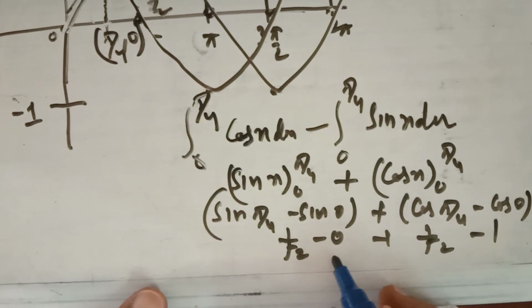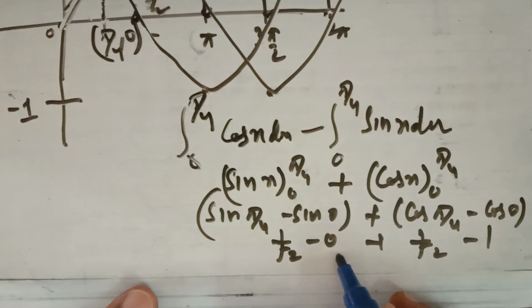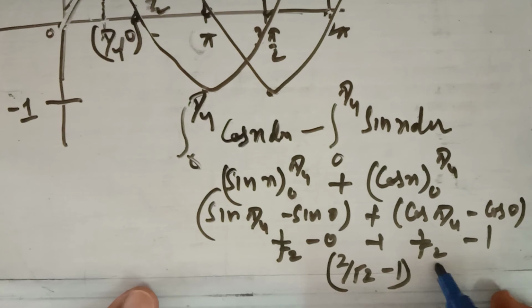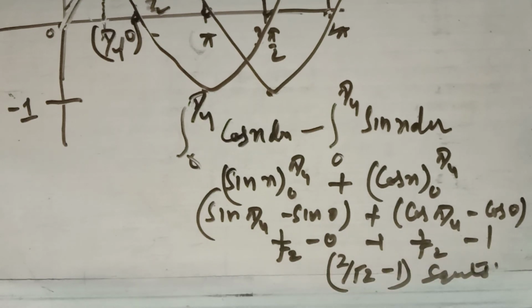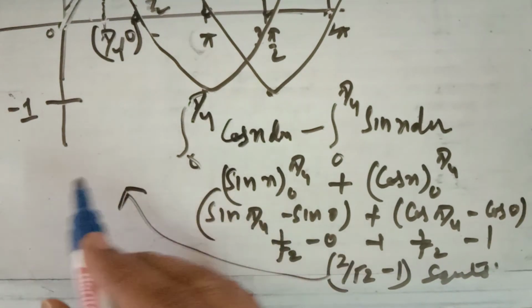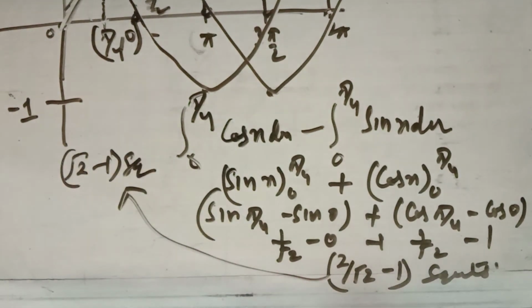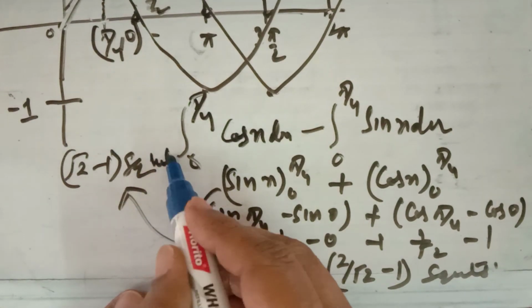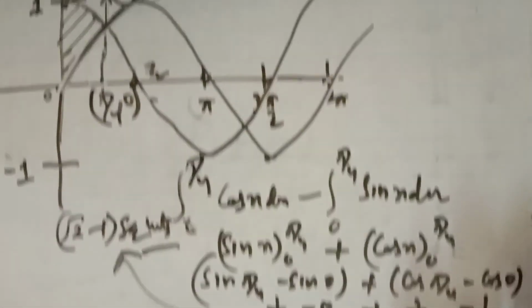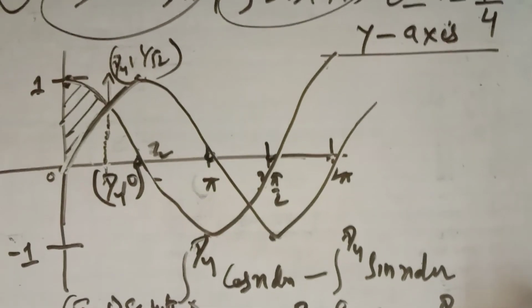So 1 upon root 2 plus 1 upon root 2 is 2 upon root 2, minus 1. Square units is the area bounded by these two curves. You can rationalize it: 2 upon root 2 is root 2, so you will get root 2 minus 1 square units is the area bounded by these two curves with the y-axis.